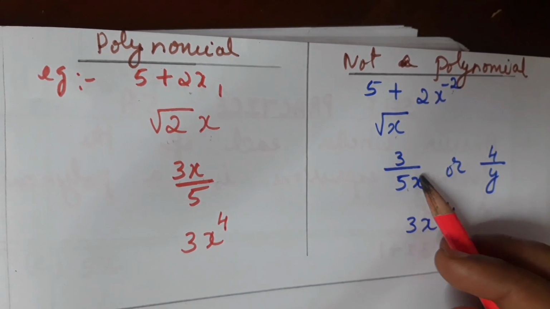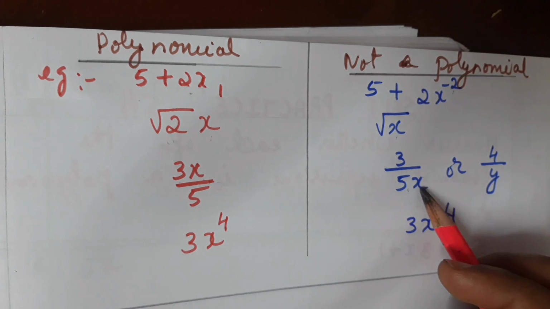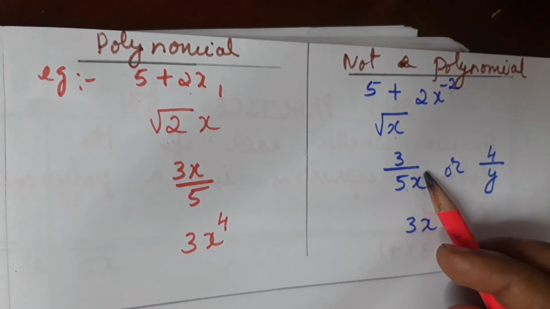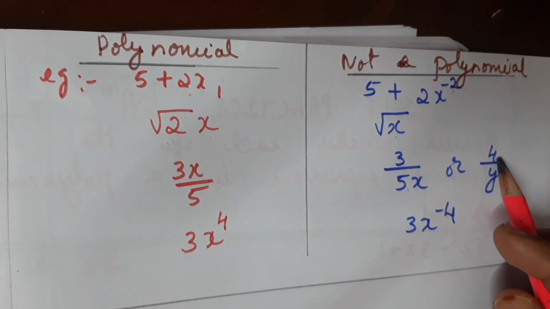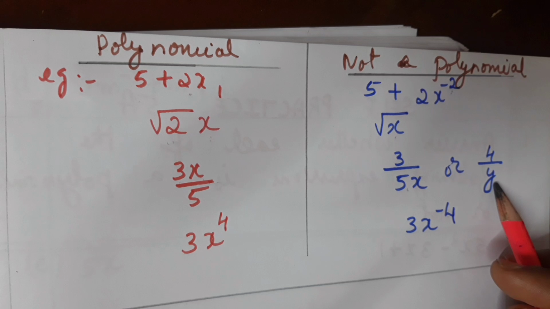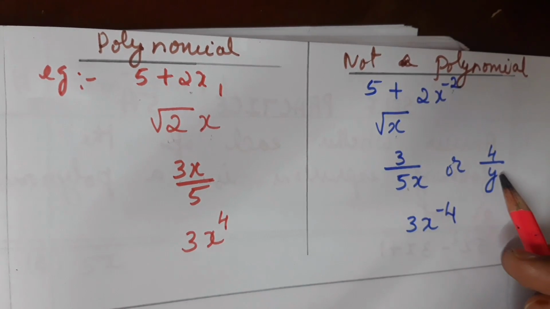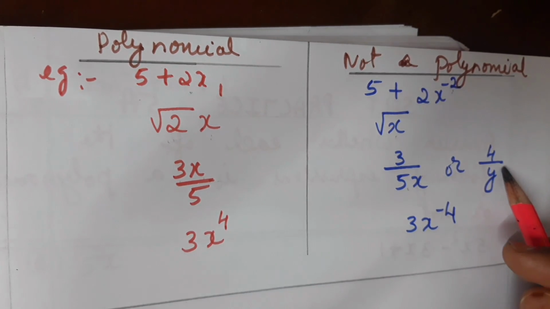When the denominator is a variable, the power becomes negative, power becomes minus 1. So we can write the numerator as a variable, 3x by 5. 4 by y we should not write. It is not a polynomial because y is in the denominator. When a variable or letter comes in the denominator, it becomes a negative power.